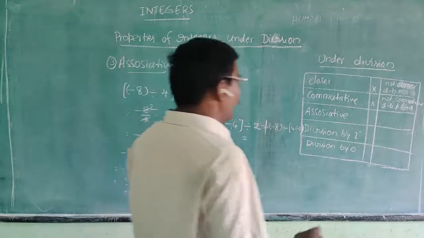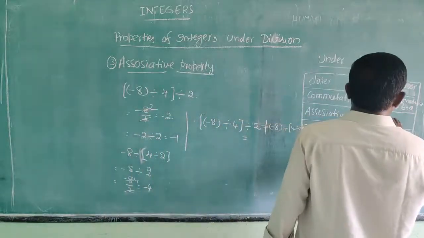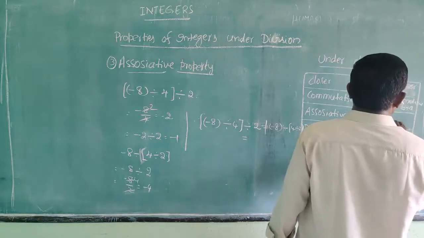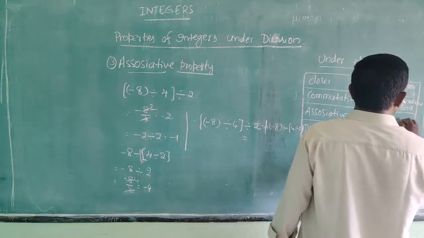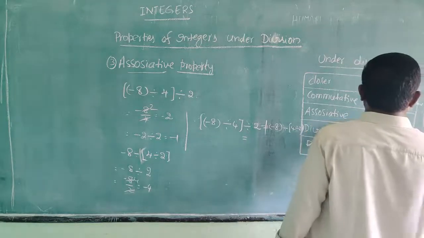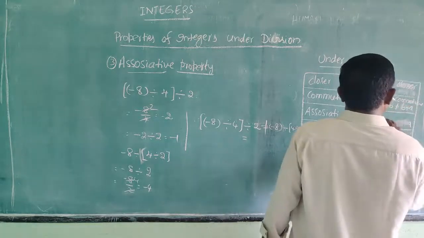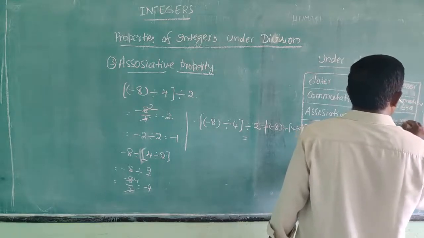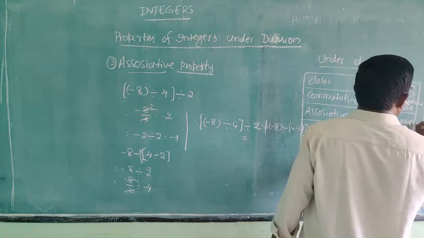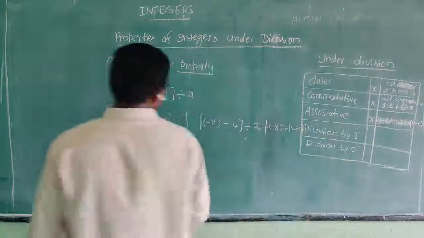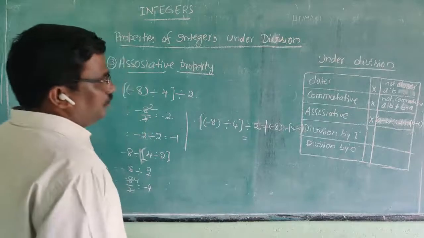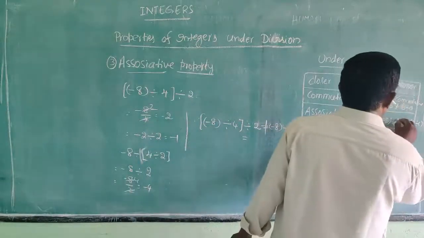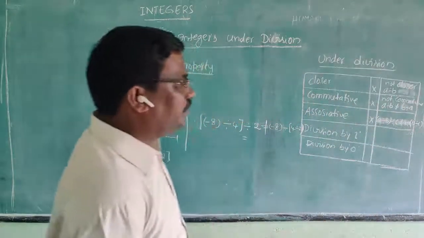So for three integers, a divided by b divided by c is not equal to a divided by b divided by c grouped the other way.